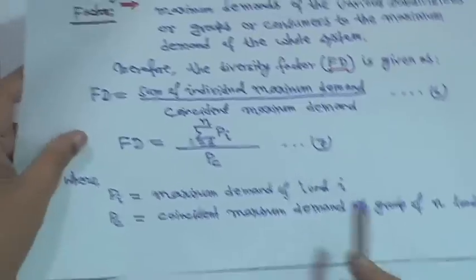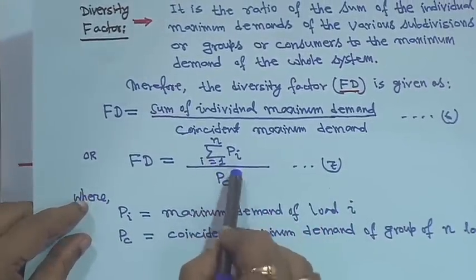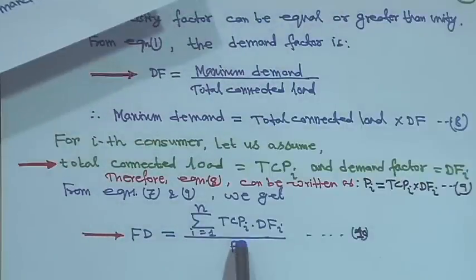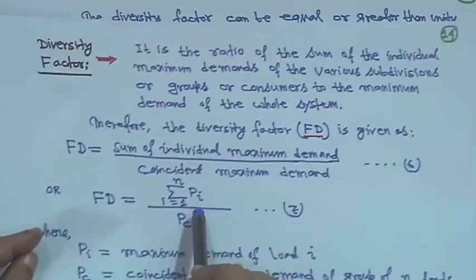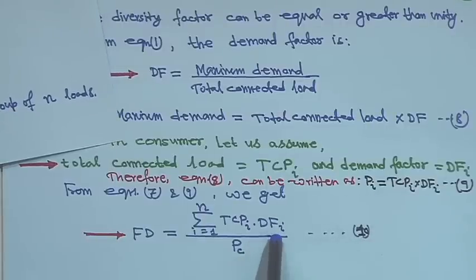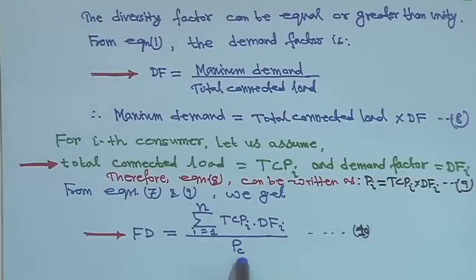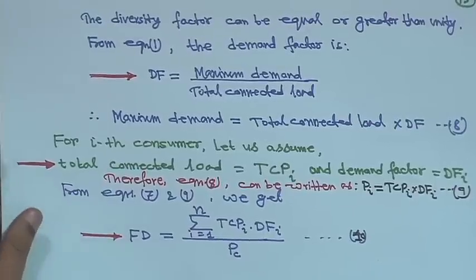This is equation 7, and here you are substituting Pi equal to TCPi into DFi, divided by Pc. So, this is equation 10. That is your diversity factor FD. DF is demand factor, but FD is the diversity factor.